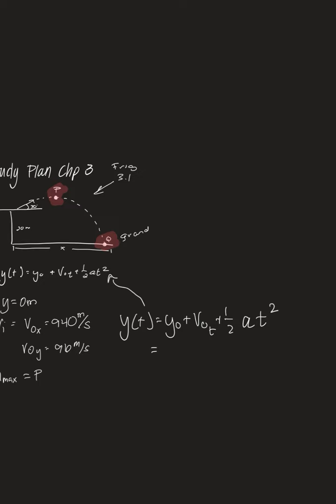But before we find that, we also like to plug in what we have already. So we do Vy equals V0y plus acceleration times time. So we know that V0y equals 96 plus negative 9.8 times t. We're just doing this based off what we got in our problem.